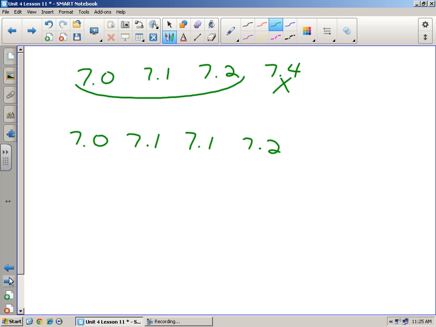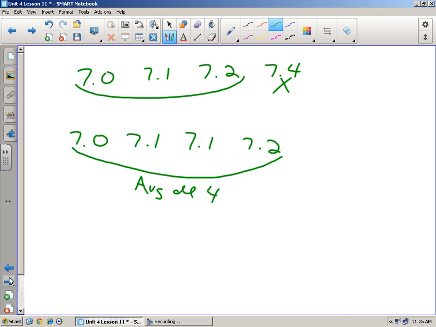Well, at least 3 within 0.2. These are all within 0.2, so you would have to average all 4 of these, yes? Okay, so you would average all 4 because they are all within 0.2, okay?